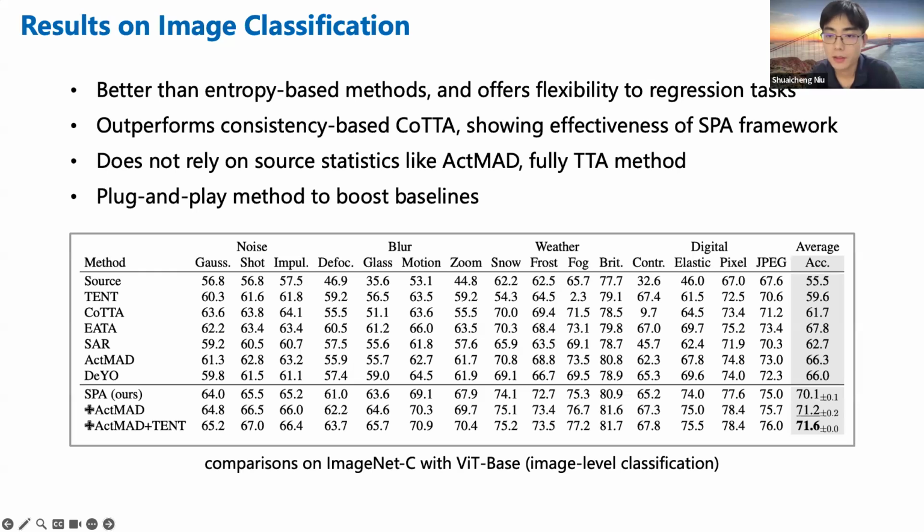And lastly, the learning objective of SPI is in parallel and does not conflict with existing objectives like entropy minimization and feature alignment. This allows it to be integrated with these approaches to enhance performance further, as demonstrated by SPI incorporating with the alignment method, and SPI incorporating with it and Tent, which further improves the performance.